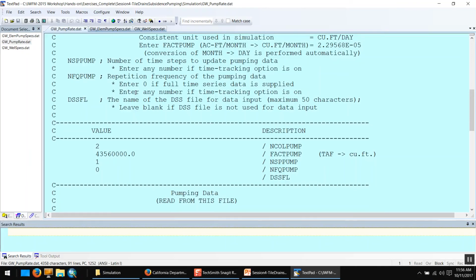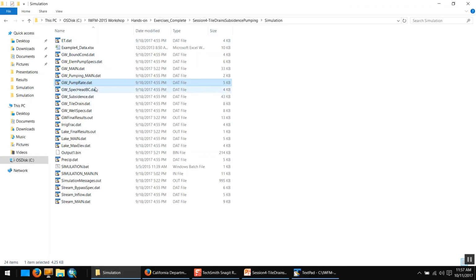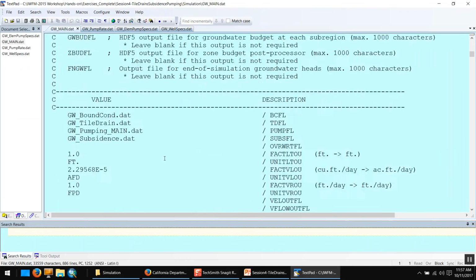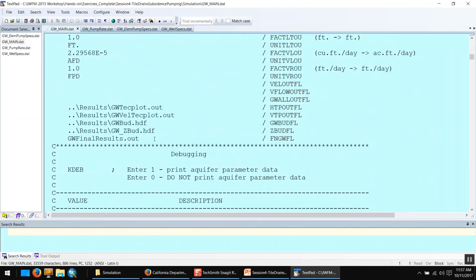I guess it should be the HDF. It's possible that I forgot to change that. Is it running now? Yes. Okay, so I forgot to change that.